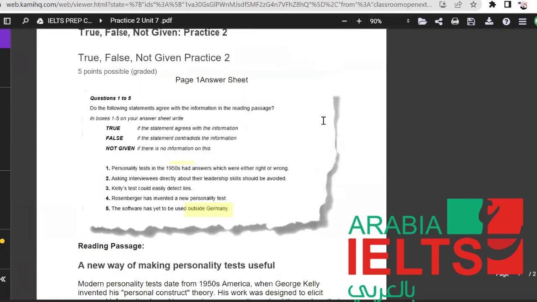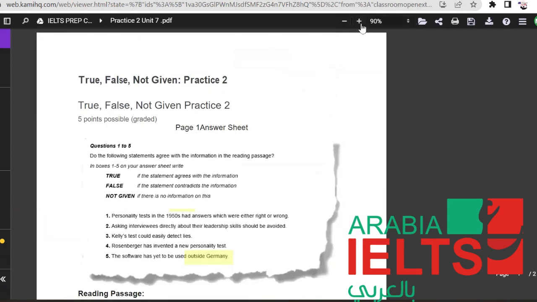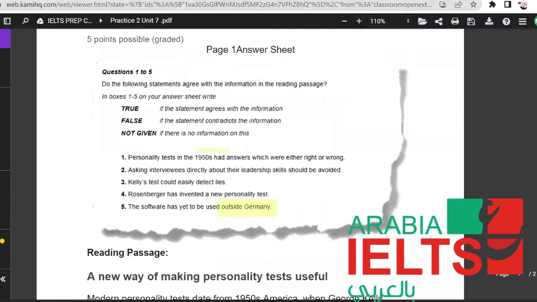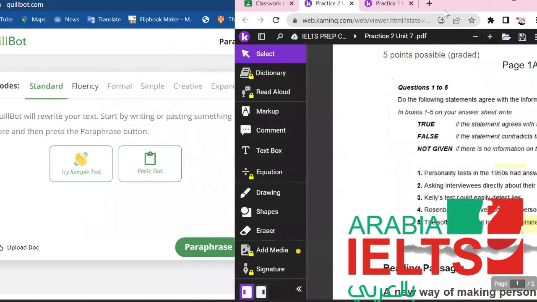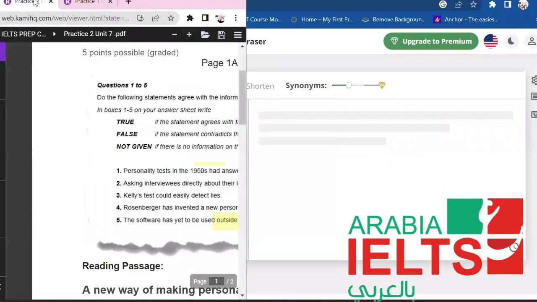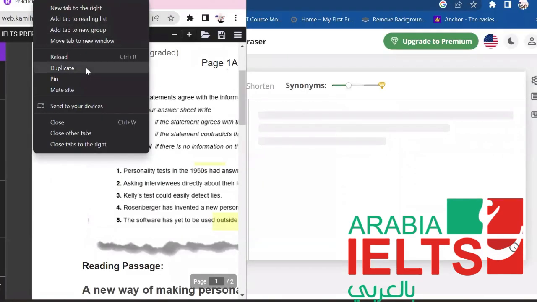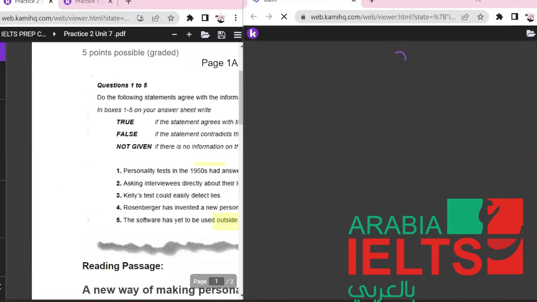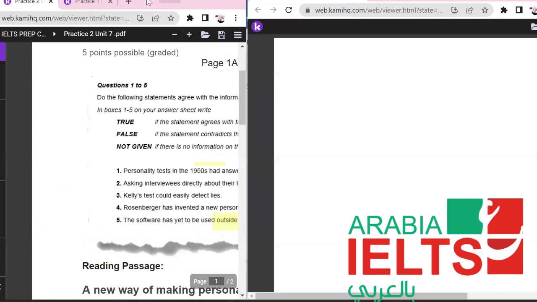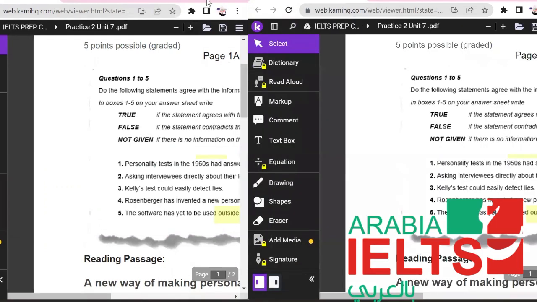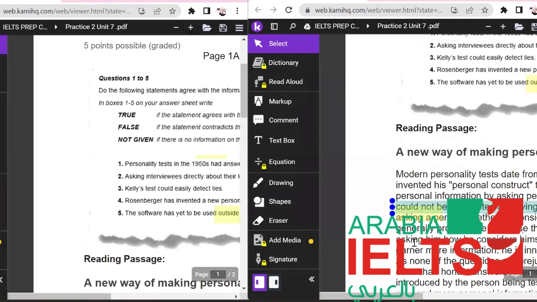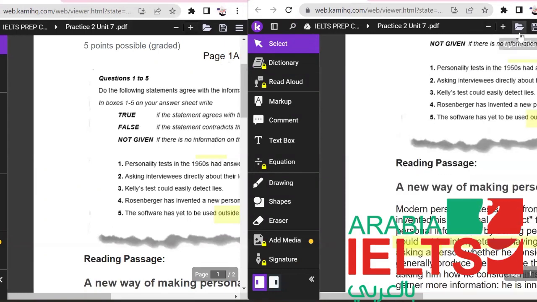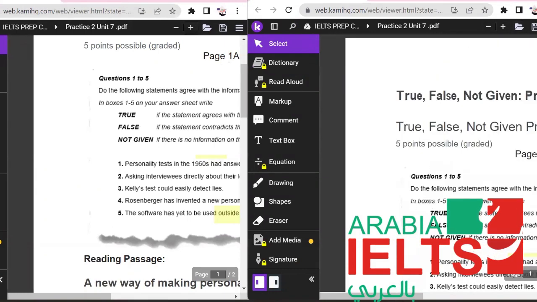Let's take a look at these statements, and we have the text right here. Skim your text first for a minute, and then select your keywords.